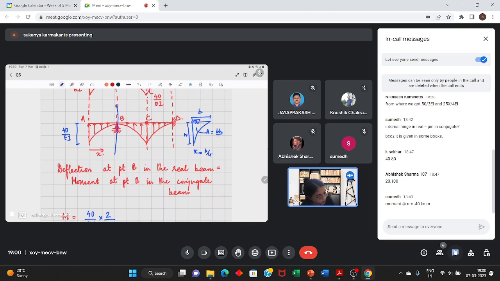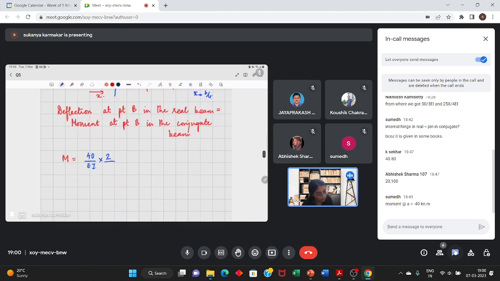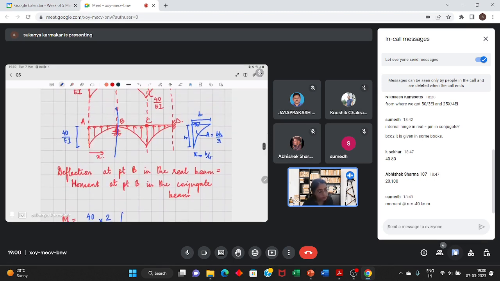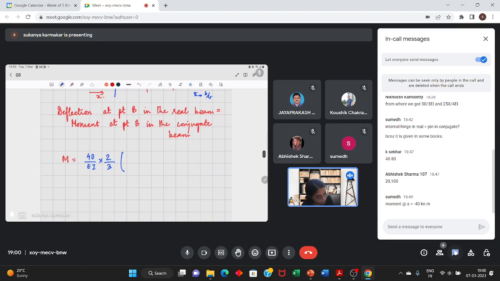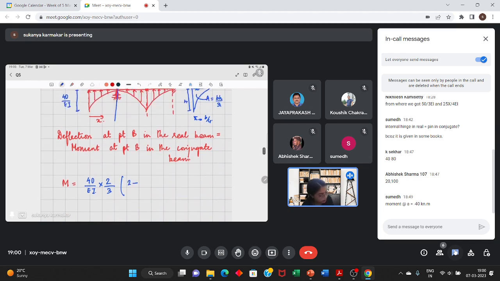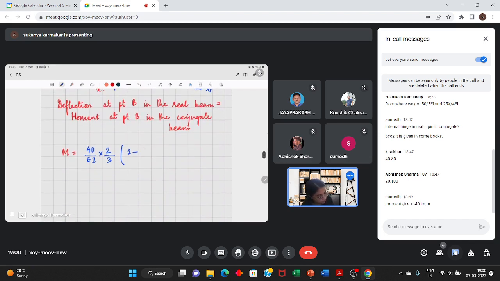I'm very sorry. It should be BH by 3. So this is HB by 3, and the lever arm from the left hand side is at B by 4. So this will be 2 minus 2 by 4.